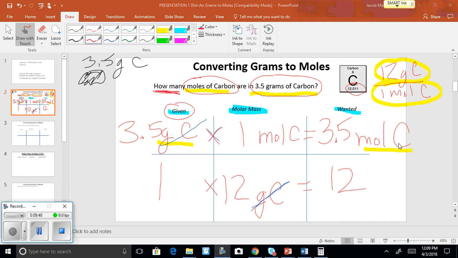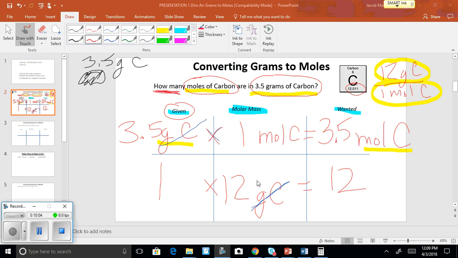Okay, and I want you to notice how on the top you have units, you have moles of carbon, and in the bottom there's no units at all because the 1 doesn't have a unit and the 12, the grams of carbon, got canceled out. So notice this 12 on the bottom doesn't have any units, and that's fine, that's what we want. All we got is moles of carbon on the top. Okay. All right, so we did our multiplication across the top.